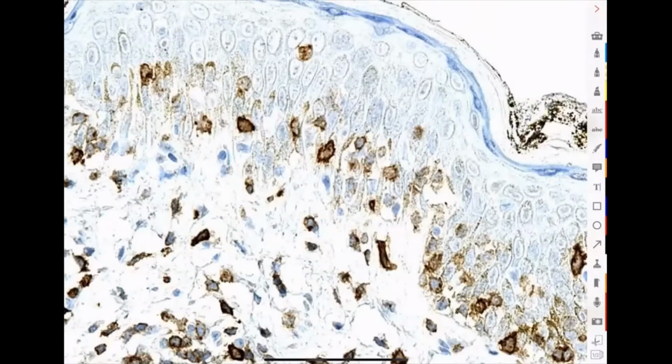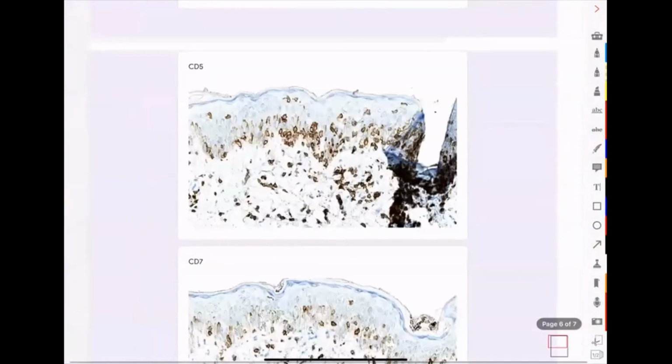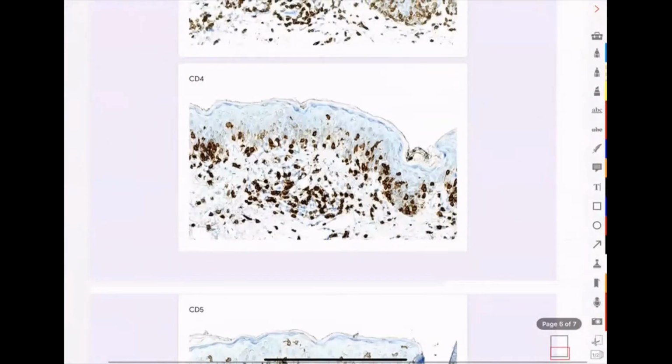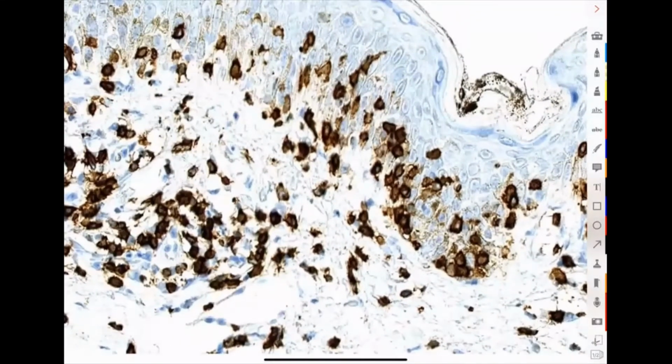Yes, so you see the problem here now. If mycosis fungoides comes in a long case with immunohistochemistry like this, which is usually like this, then you may start doubting yourself. But what I'm trying to teach you here, or to remind you, is that you really need to compare. It is a comparison process. This is your CD4, right?